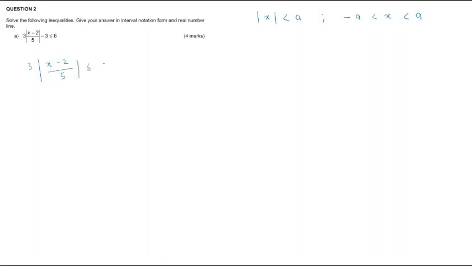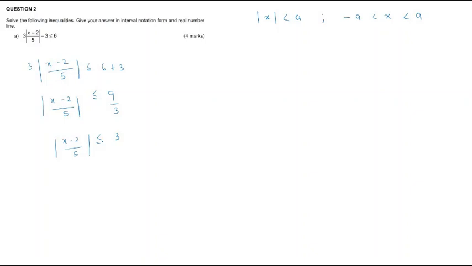Bring negative 3, 6 plus 3. 6 plus 3 is 9. And then bring 3. The operation here is multiply. When we bring to the other side, it's divide. 9 divided by 3 is 3.